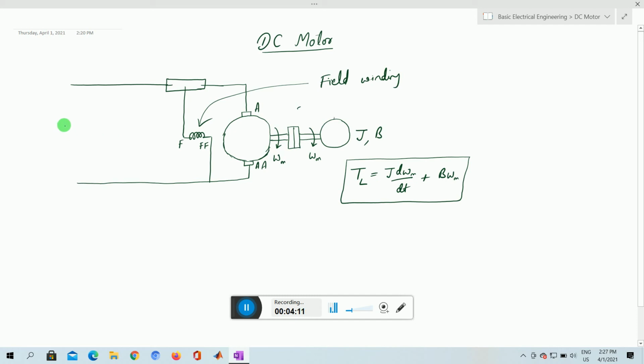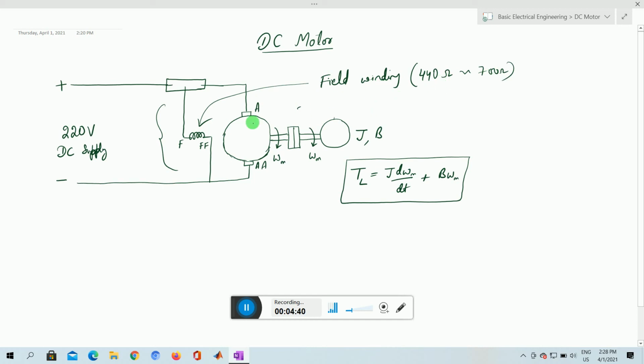Now the supply voltage is DC with plus and minus symbol. In a lab there is a DC supply of 220 volts. You can see that this field winding is connected in parallel with the 220 volt DC supply. So obviously this field winding has a resistance of nearly 440 ohms, or maybe varying around 700 ohms.